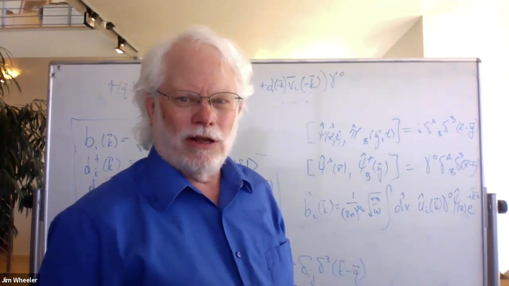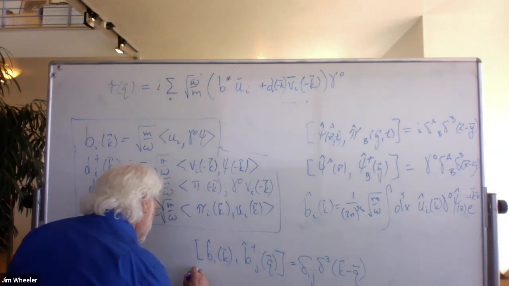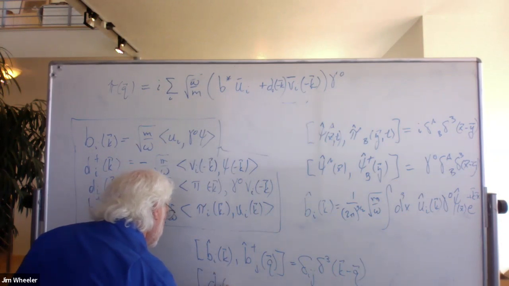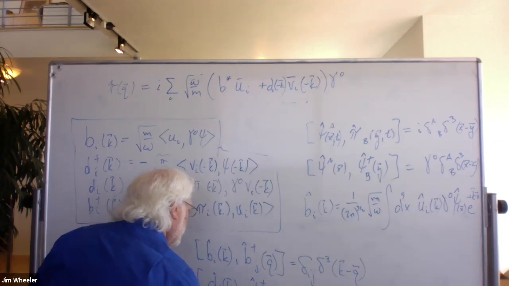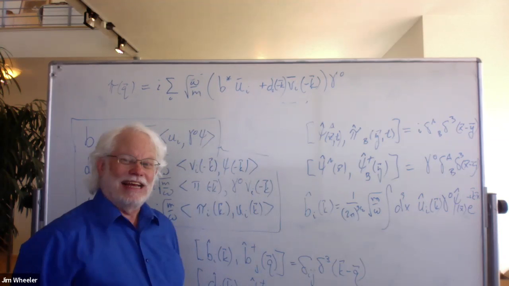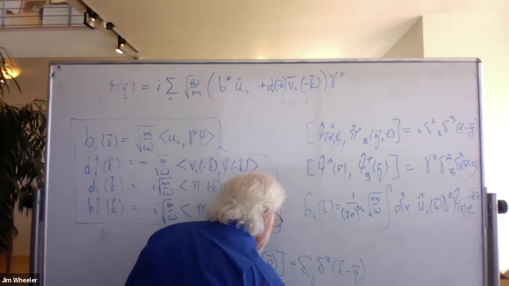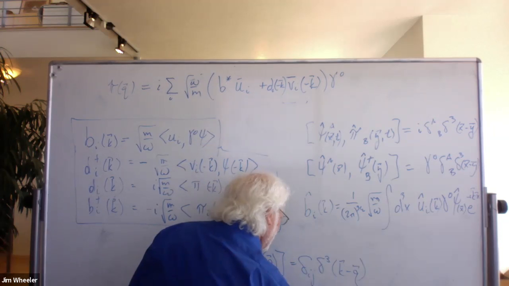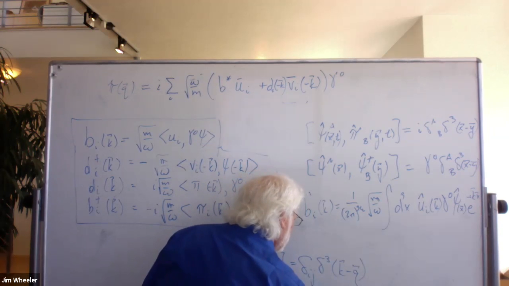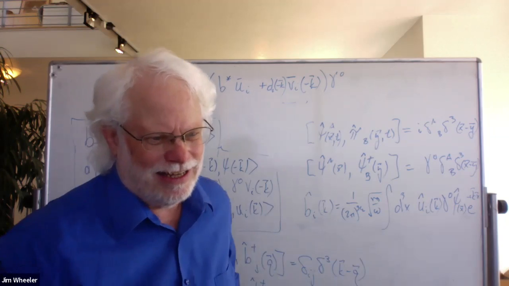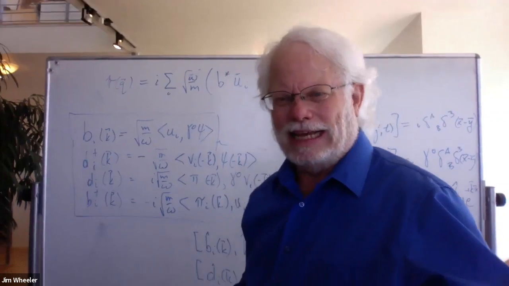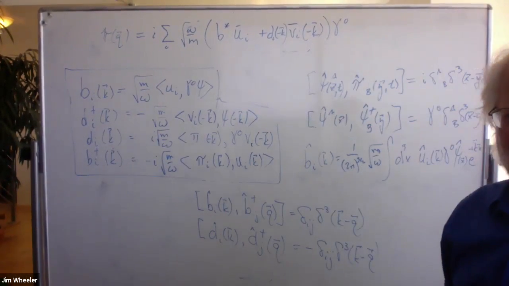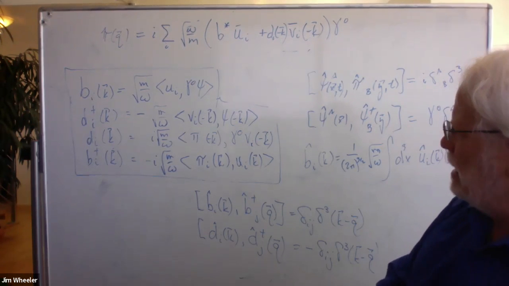But the upshot of all that after about a page is that Di of k with Dj dagger of q is, you ready, minus delta ij Dirac delta k minus q. So it boils down just right, but I promise you there is a sign, and you can't get rid of that sign. There's almost no option at all for getting rid of that sign.